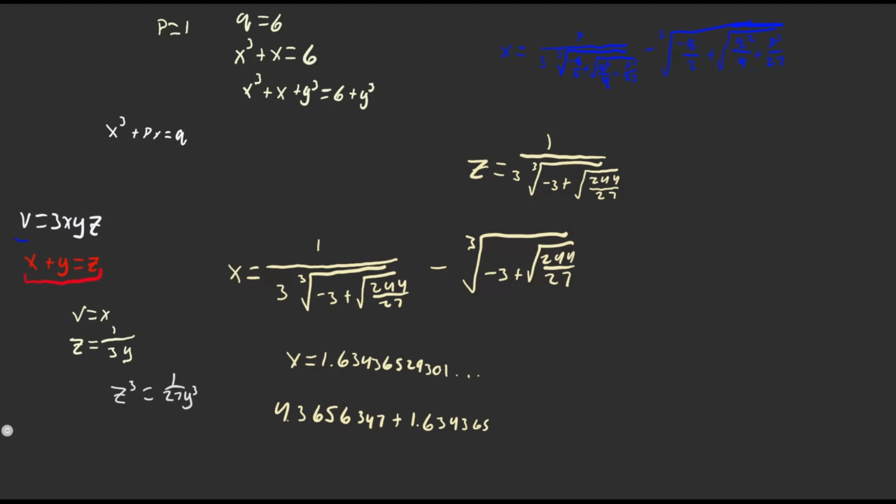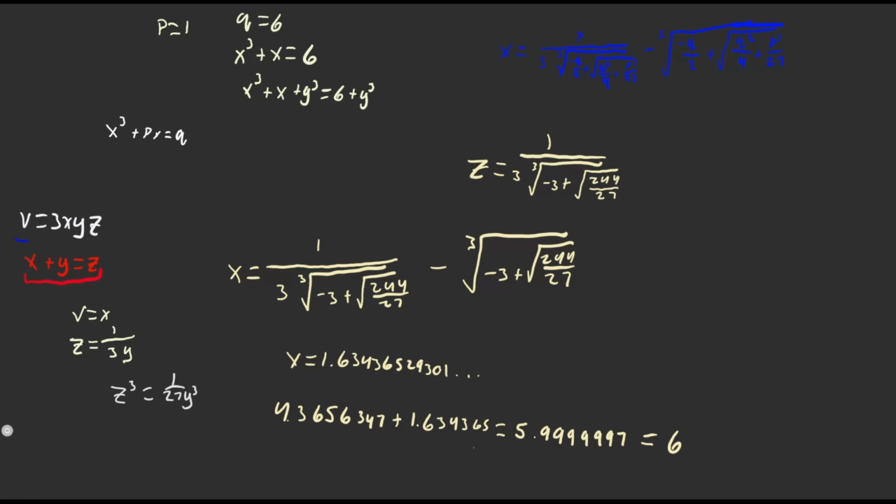And if we add just those up until those digits, we will get, let's see, we will get it is equal to 5.9999997, which is the same thing as it almost being equal to 6.